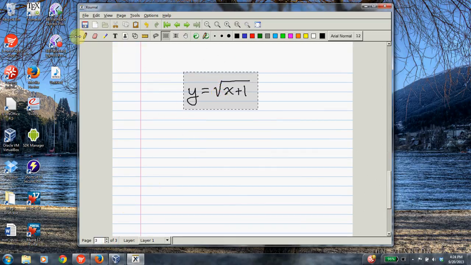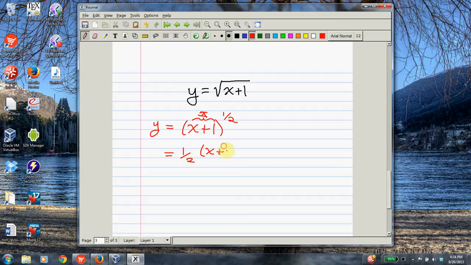So this is y equals x plus 1 to the 1/2 power. Now I want to caution you. I'm going to pretend like this is just the variable x, by just bringing down the 1/2 and making this, sorry, there's a plus 1 there. Take 1 away, it becomes minus 1/2.